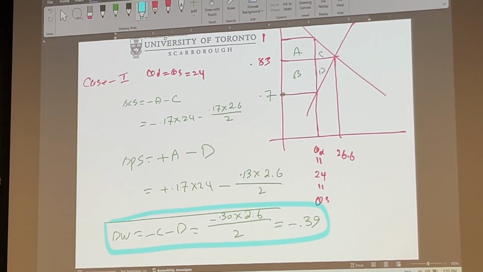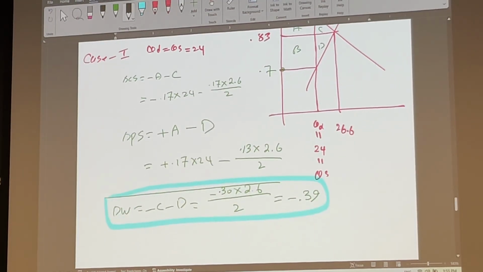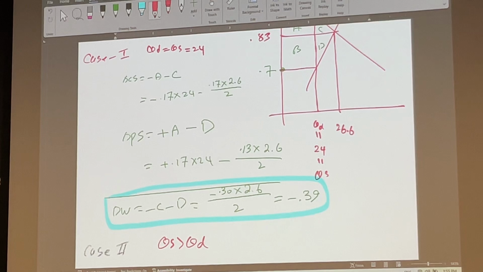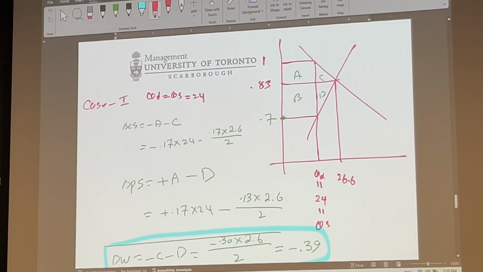Case number 2. You leave the producer to produce as they wish. You cannot quota the production, that's the US case, right? So now, how much will the producer be producing?